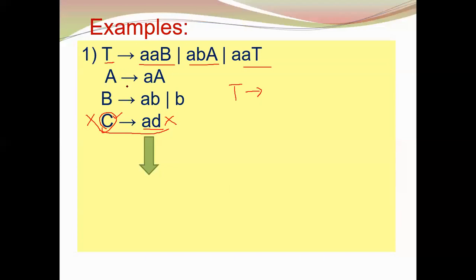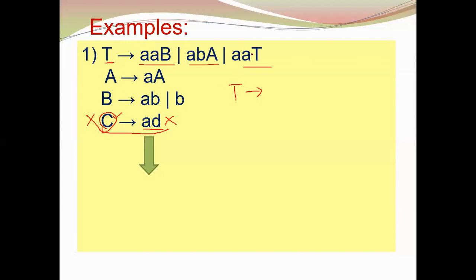Is there any other useless symbol here? D section, please come forward and tell me. The C is a useless symbol. I already explained that we never use this variable in any of these forms.